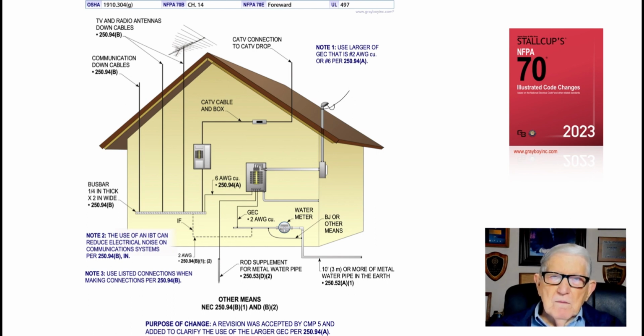So the minimum size naturally is number 6 when you look at 250.94A4. So along with now 250.94A. But before you make such a grounding connection, make sure that you check with the authority having jurisdiction and review and listen to their interpretation of this new rule.